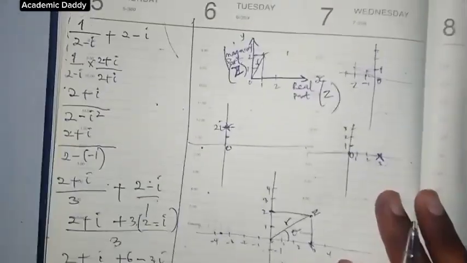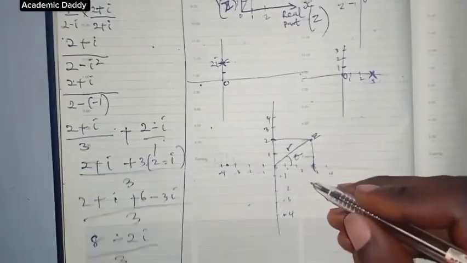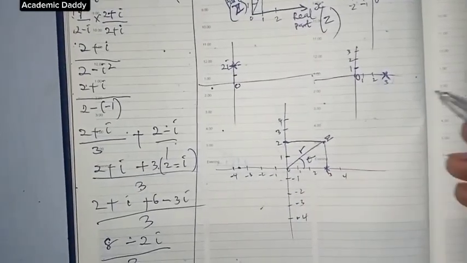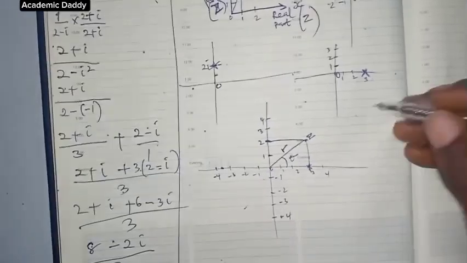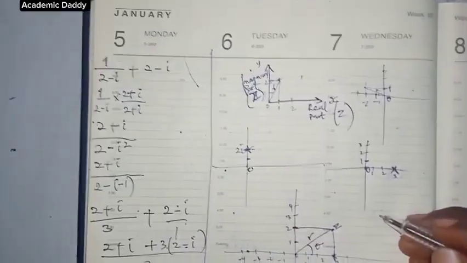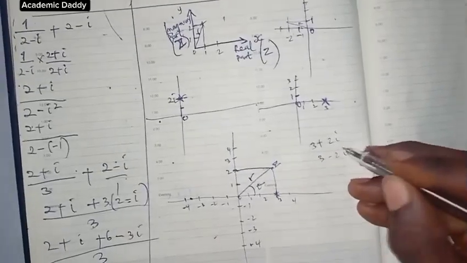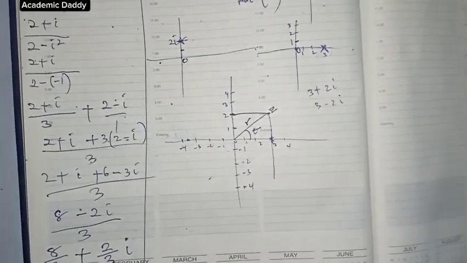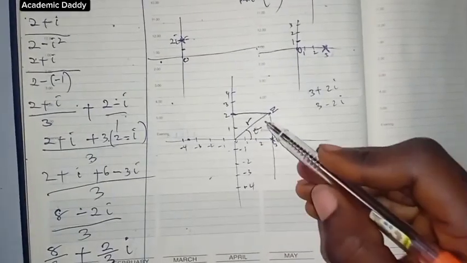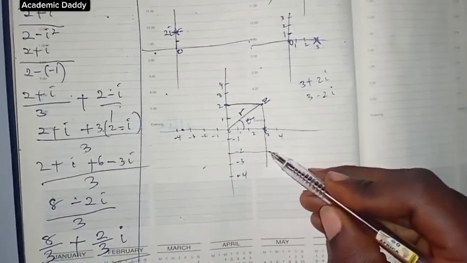If they tell me to find the conjugate, remember, if I have 3 plus 2i, the conjugate will be 3 minus 2i. So it simply means I'll get 3 here, but because this becomes minus 2, this is minus 2i, isn't that it?